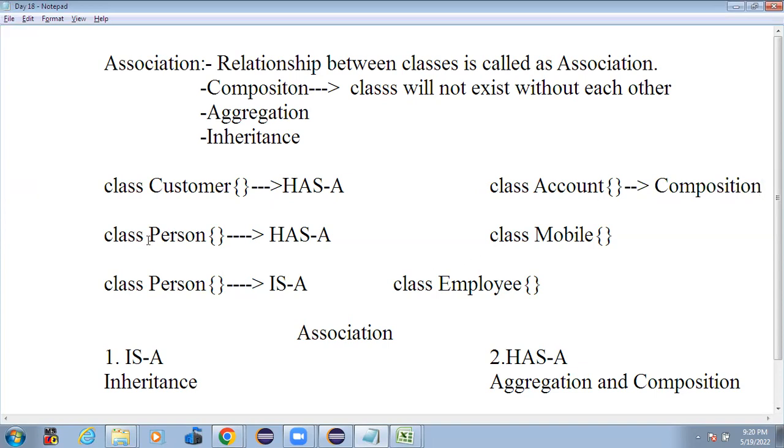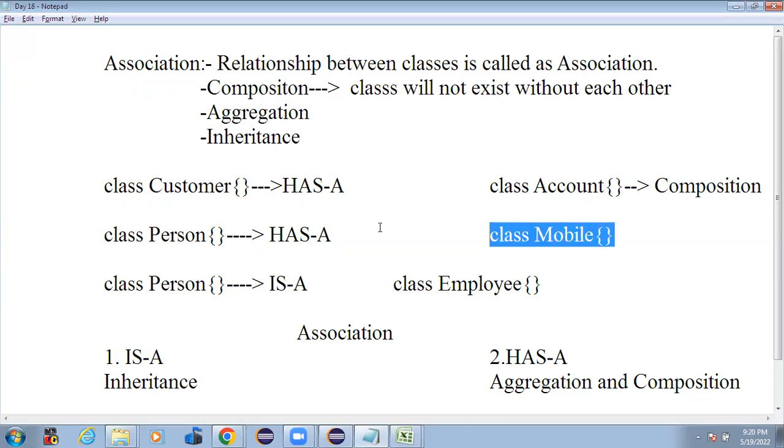Then I have given another example, that a person has a mobile. But again in this one, can a person exist without a mobile? Like there are people, Shweta, who don't have any mobile. Or even the mobile can exist without the person, for example a company buying mobiles.